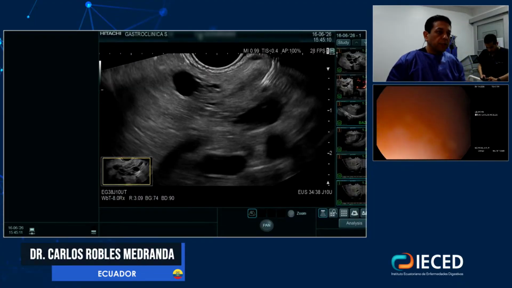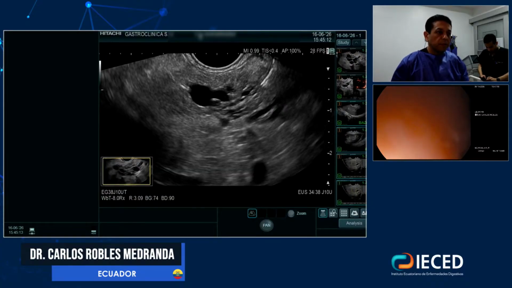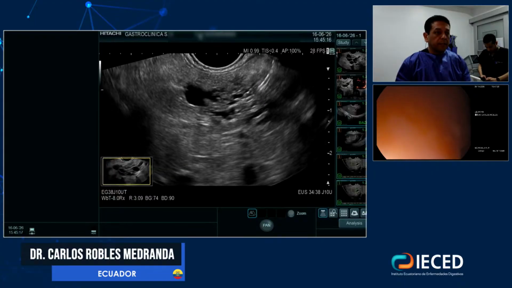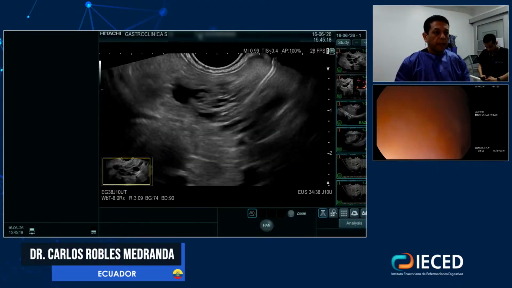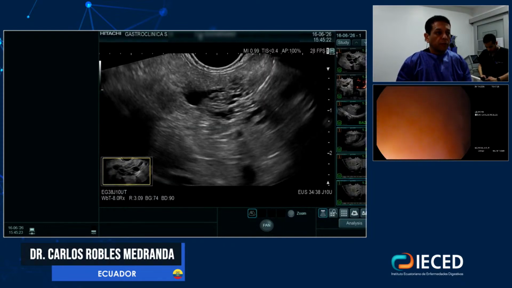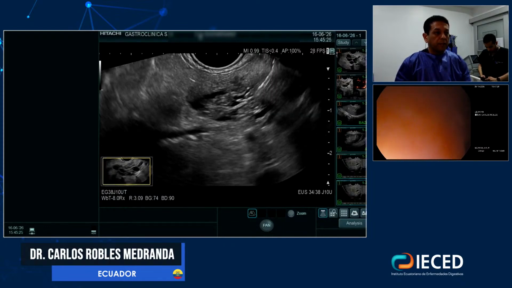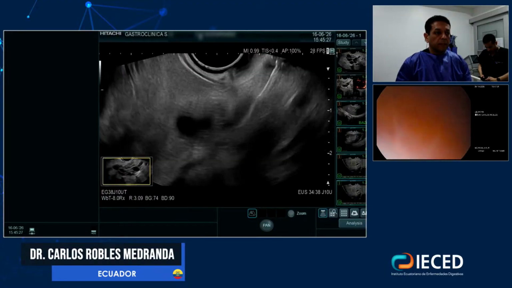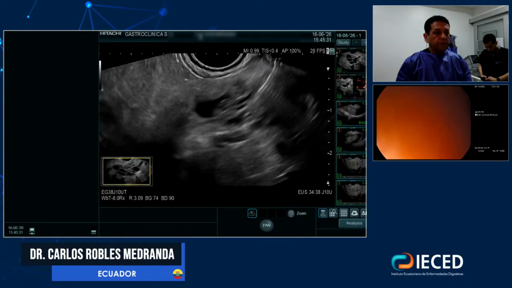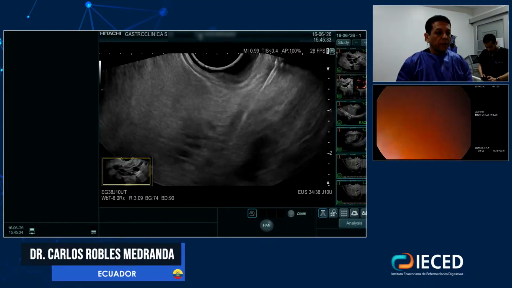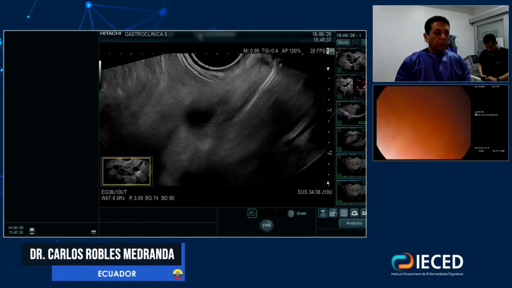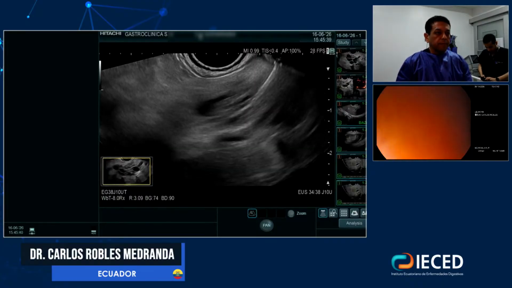Some people could say it's too much for this, right? The problem is that EUS is not cheap, and we need to have a very good conclusion on this lesion. So for the patient to pay for another EUS would not be nice if you don't have a good result. We have different techniques, but we have a very good accuracy when we combine techniques.